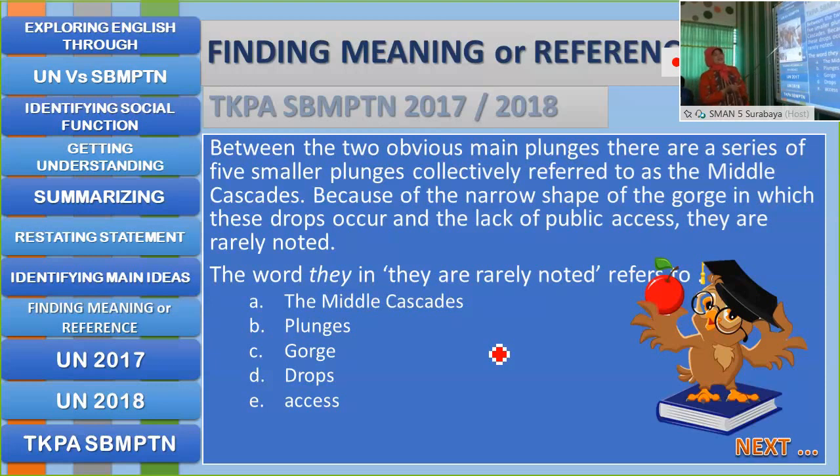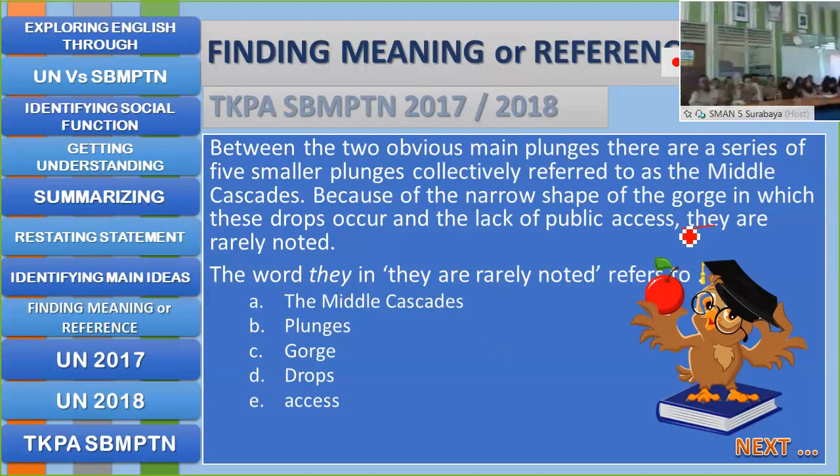Okay, and then because of the narrow shape of the gorge in which these drops occur and the lack of public access, they are rarely noted. So the word they here refers to what?